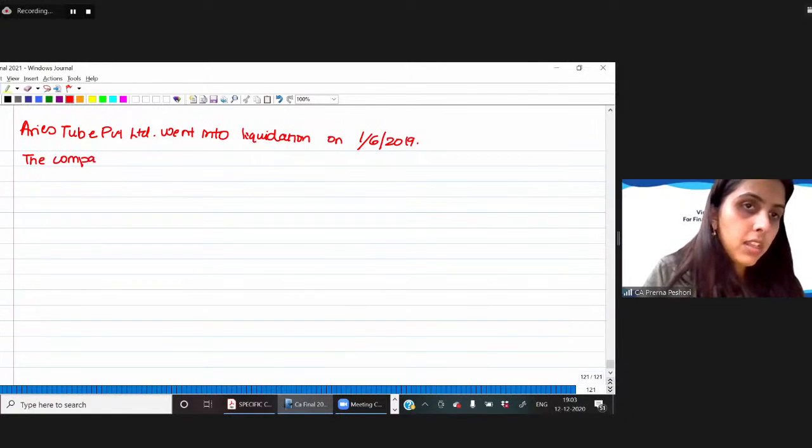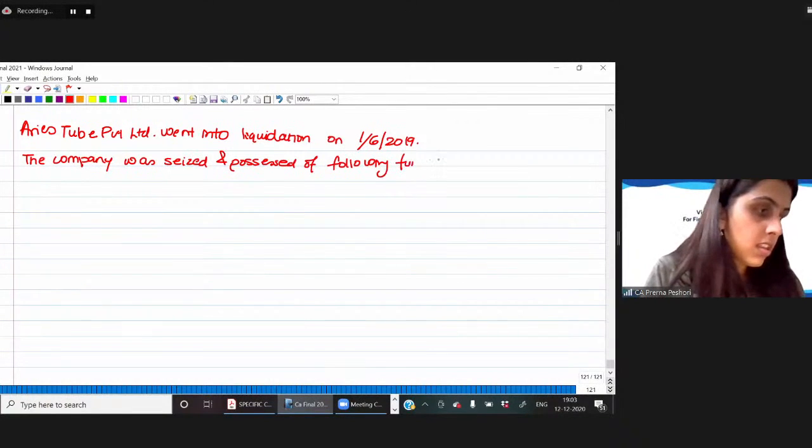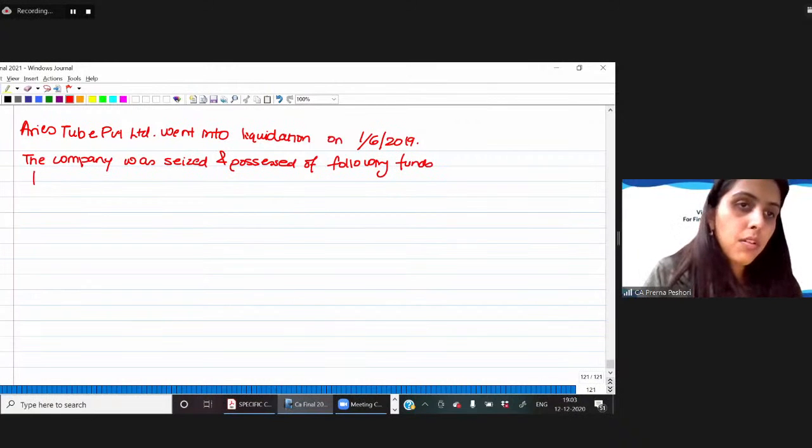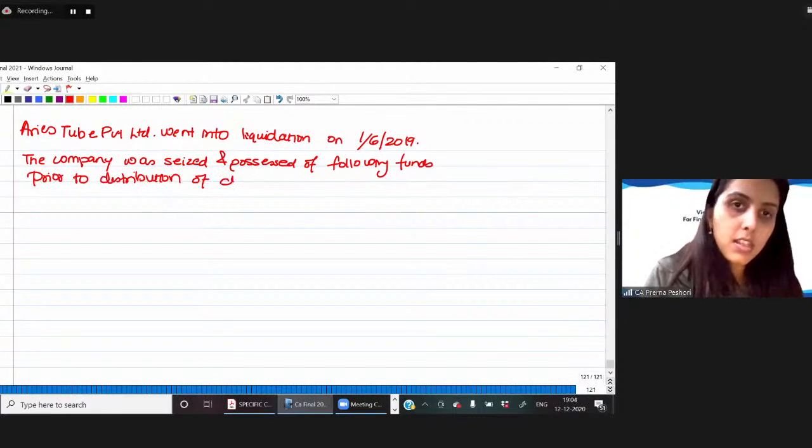The company was seized and possessed of the following funds prior to distribution of assets to shareholders.